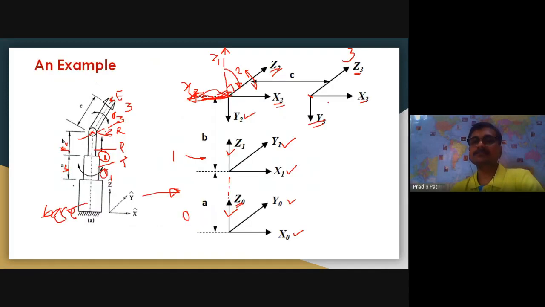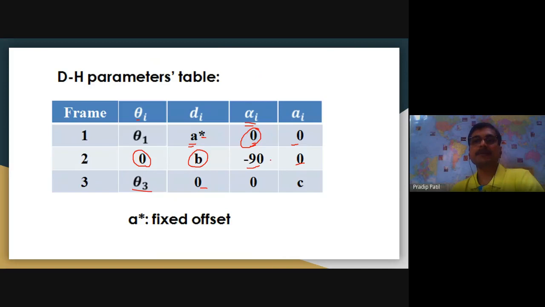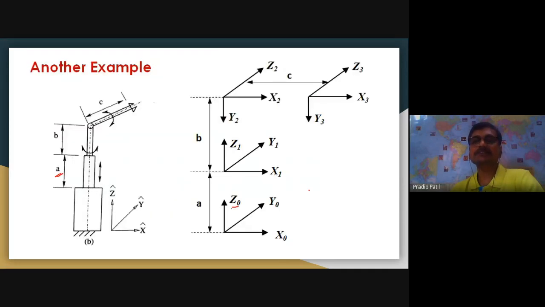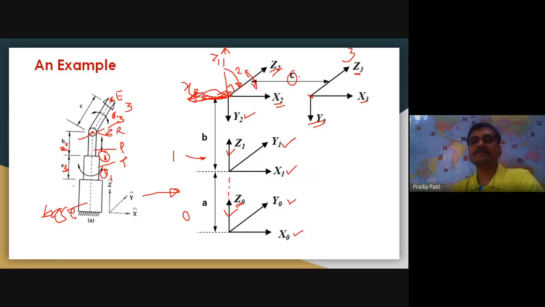The twisting angle is also 0 here because Z2 and Z3 are parallel, so there is no twisting angle. And the last one is the length of the link, measured as the distance between the z-axes. Here the distance can be clearly seen as c, so the length of the link is c.